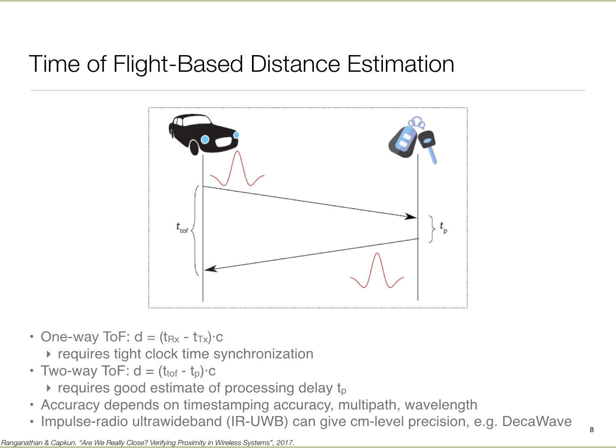What I have to do is make sure that this turnaround delay, TT, is very tight. Because if TT is large, then what will happen? Remember, we are worried about relay attack.